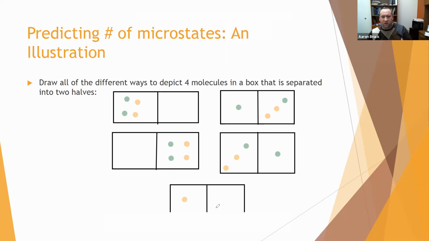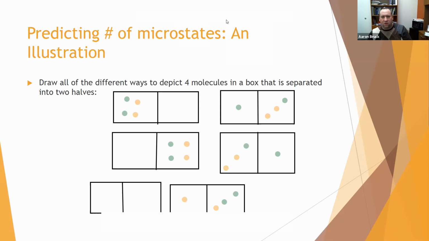Let's say that I had a different scenario now with orange dots. 1 orange over here, 2 green dots there. We need some more boxes here. I can also do the reverse of this.